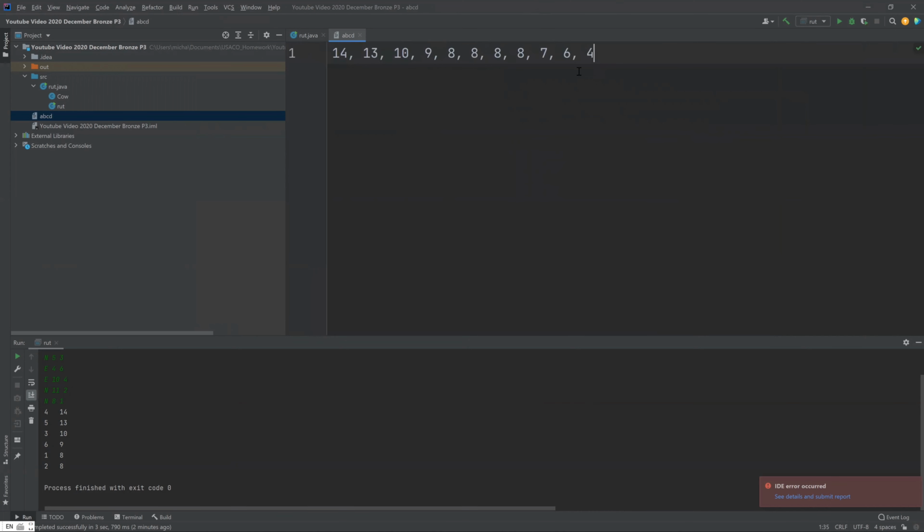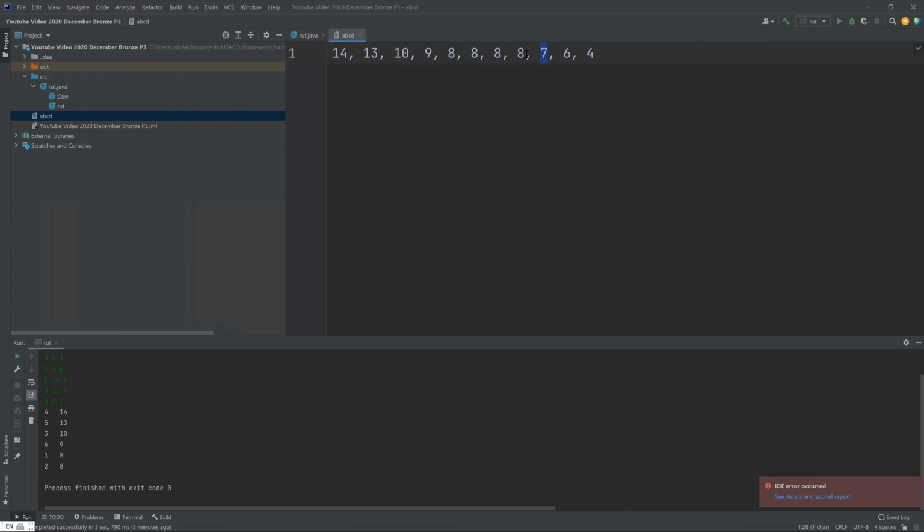So now if we're at, say, this 8, we check against 14, check against 13, check against 10 and 9, and now we have an 8. Now we don't need to check these guys anymore for this 8, right? Because they will all get to the same spot and they will be gone, right? So we don't have to worry about them.